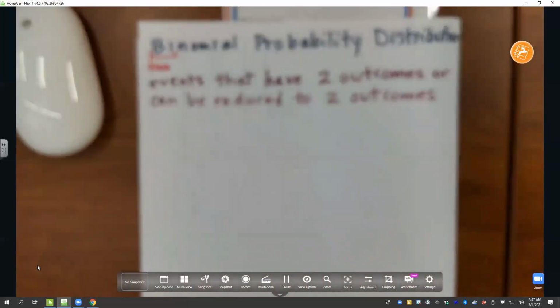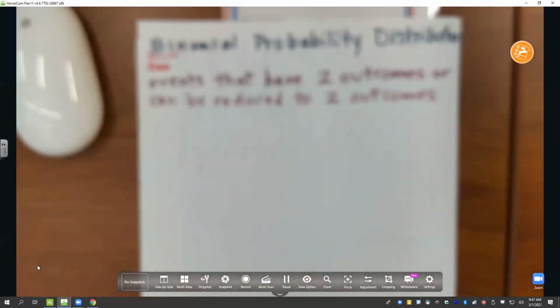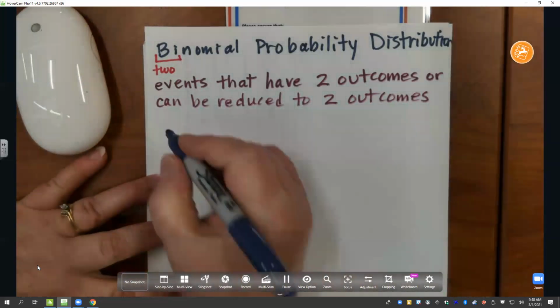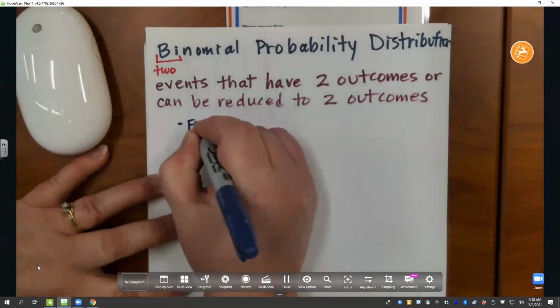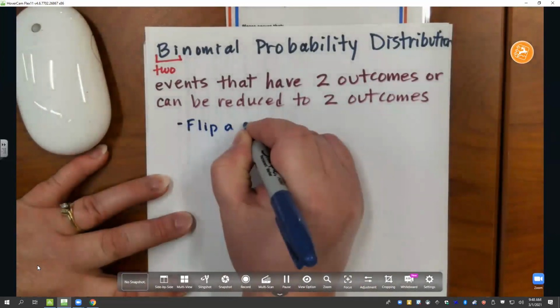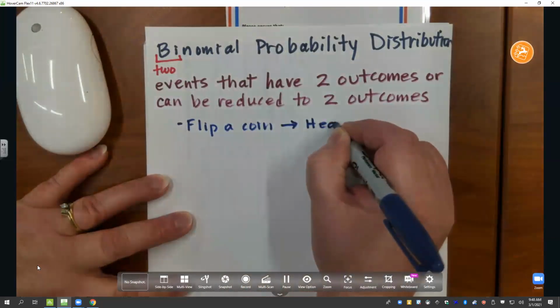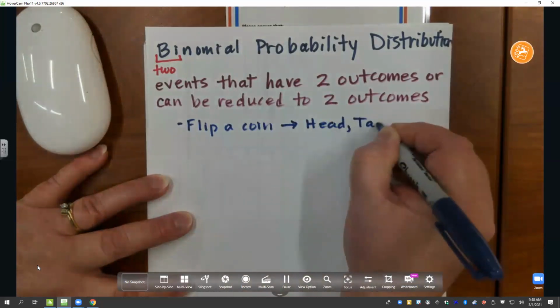So a binomial distribution involves events, experiments that have 2 outcomes or can be reduced to 2 outcomes. For example, the one that we just looked at, when you flip a coin, there are two outcomes. You can either get a head or a tail.